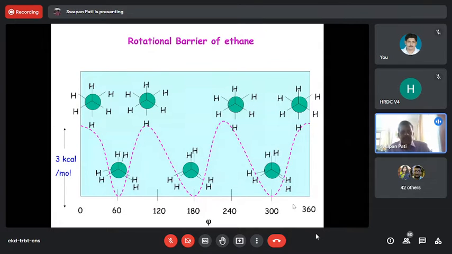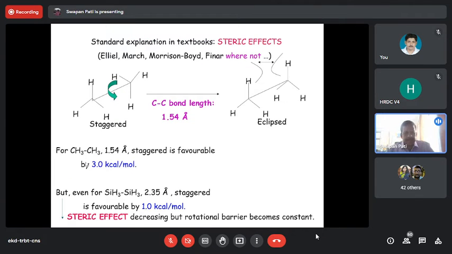So I'll come to this one, the ethane rotational barrier. Everybody knows that going from eclipsed to staggered configuration, this energy difference is 3 kcal per mole. The carbon-carbon bond length is 1.54. And all these books, Eliel, March, Morrison, Boyd, Finar, say that it's because of steric effects that staggered is more stable than eclipsed conformation.